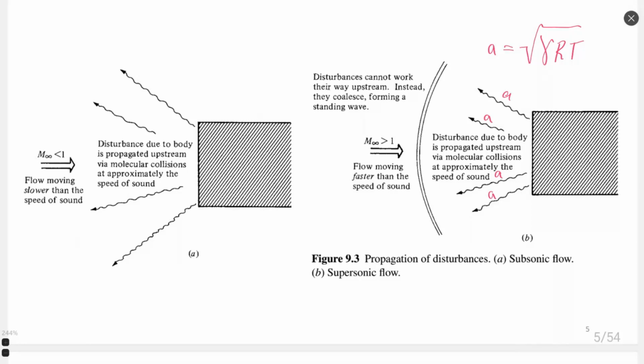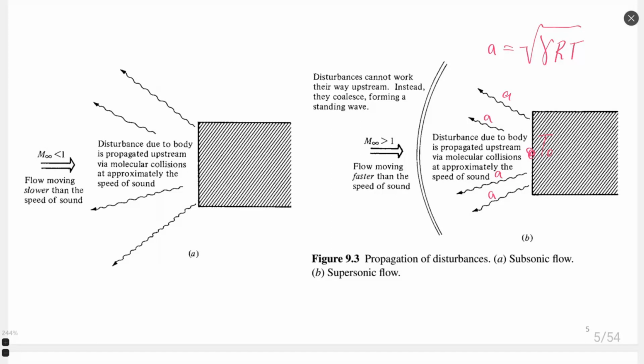In case of figure 9.3b, we know that on the body, probably here in the middle of the body, we will have stagnation properties, stagnation temperature, which is the maximum temperature in the system that we could reach, right?